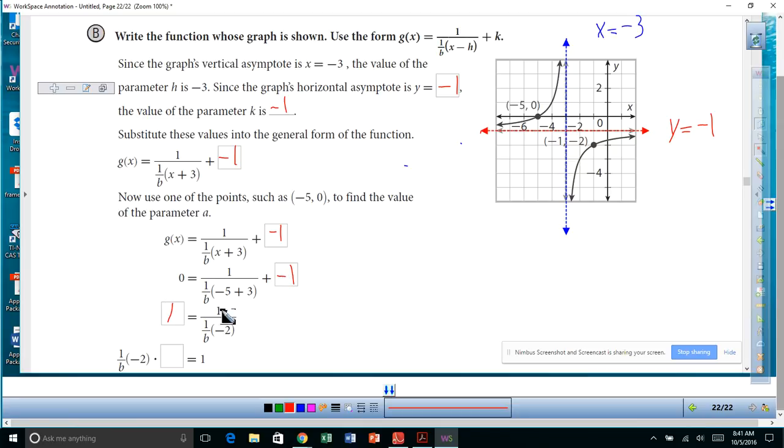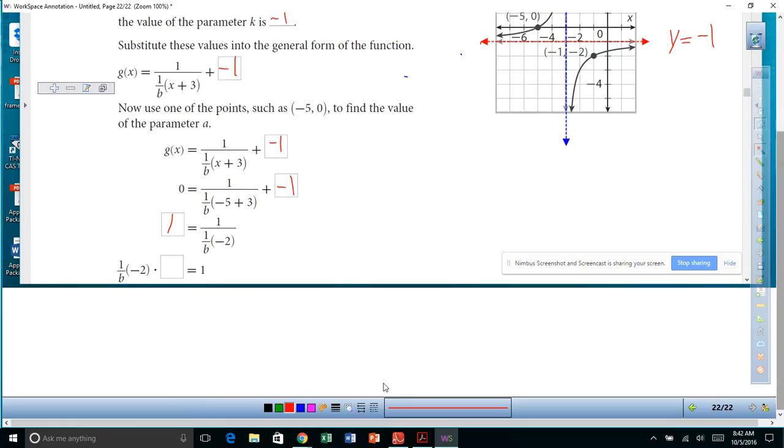They got 1 equals 1 over b times -2. So they multiply both sides by this right there, and they got 1. Now I would multiply both sides by b. So you get -2 equals b. And see, that was a 1 from before.